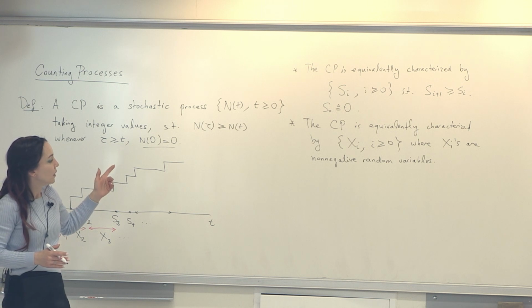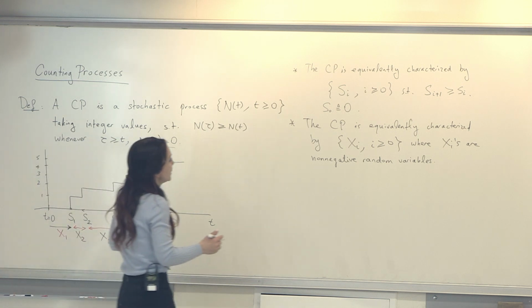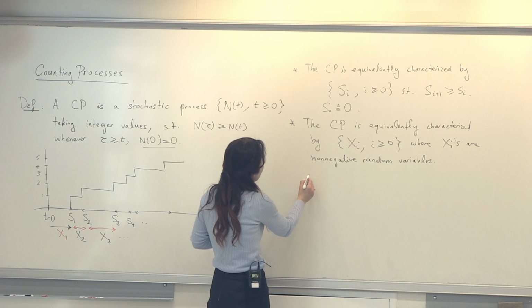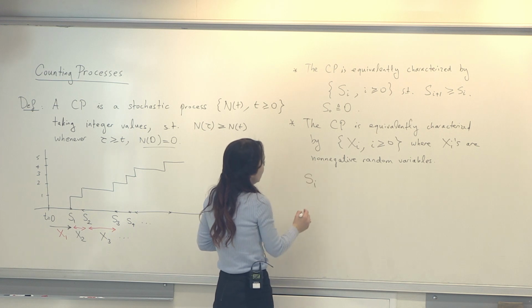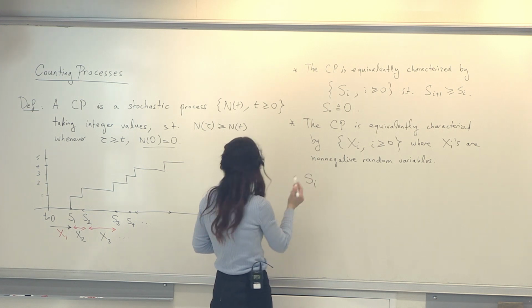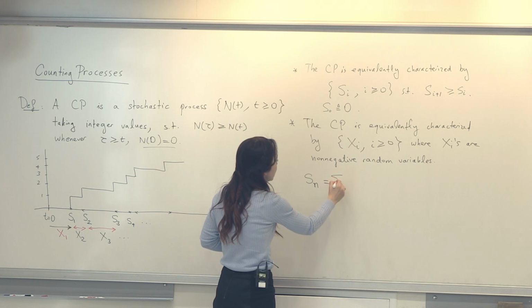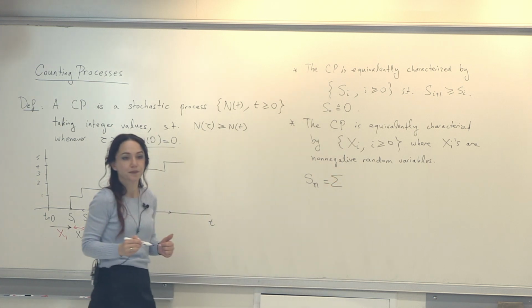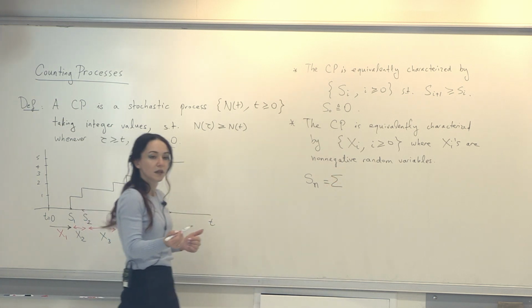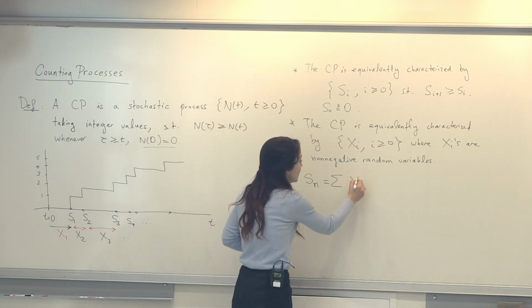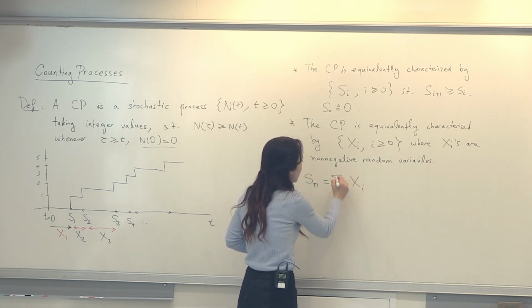So, how do you characterize the Si's in terms of the Xi's? How about we call this Sn? Sn is given by the sum of Xi's, i from 1 up to n.